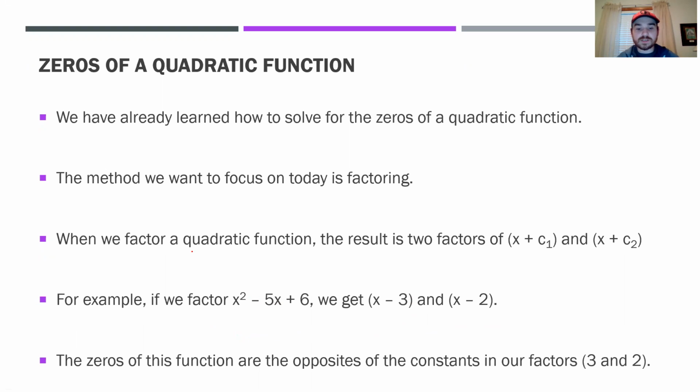The zeros of this function are the opposite of the constants in our factors. So if this is equal to 0, x minus 3 equals 0, that means x equals 3, which is the opposite of the minus 3. And then the same will be for this one. So we'll get x equals 2. So the zeros of this function are x equals 3 and x equals 2.